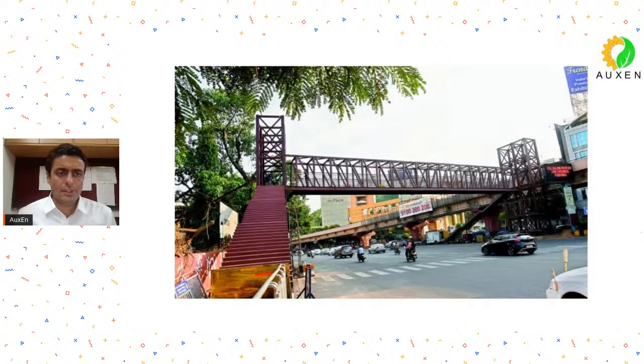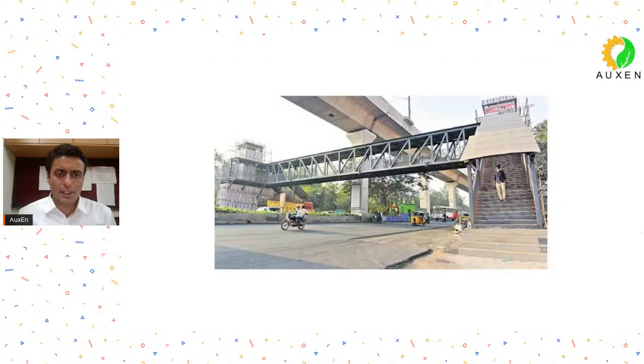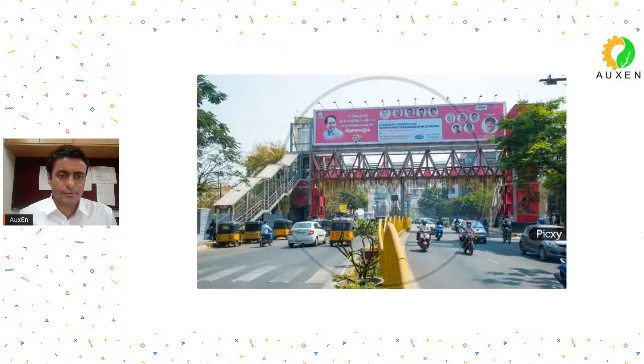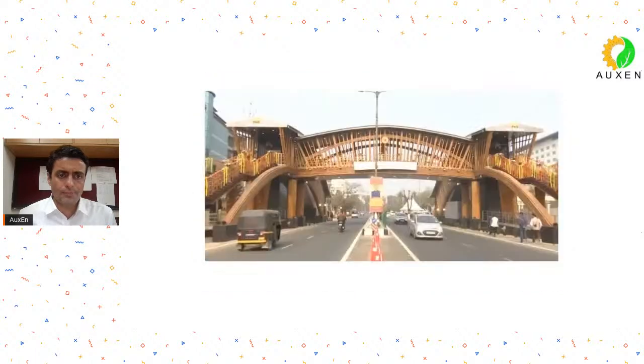All the images, as I told, have been taken from the internet, and except for the first image, all these are from Indian cities. This is a Vierendeel type of pedestrian bridge. Again, an image from, I think, Hyderabad.